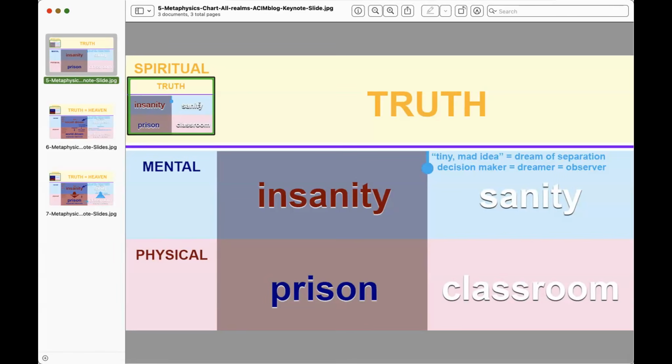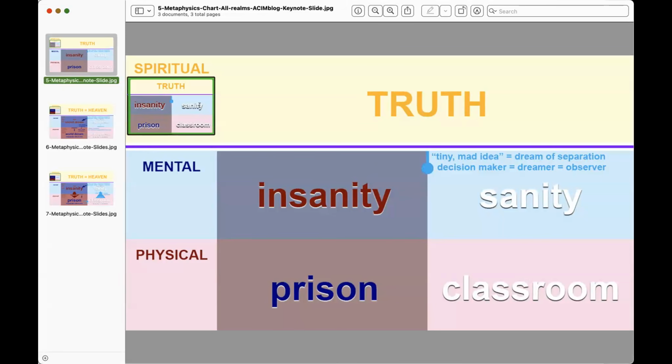So just a real simplified version of Ken's chart might be something like this, where truth is really everything above the line that doesn't change. It couldn't possibly change because it's a pure non-dual awareness that is really our real identity. And so everything below that purple line really is made up, starting with the tiny mad idea, the dream of separation, that then necessitated a decision maker, which is the dreamer, the observer, that as soon as we have identified with the ego, then we're slammed over into that insanity rectangle there.